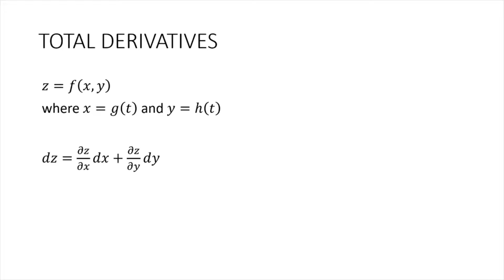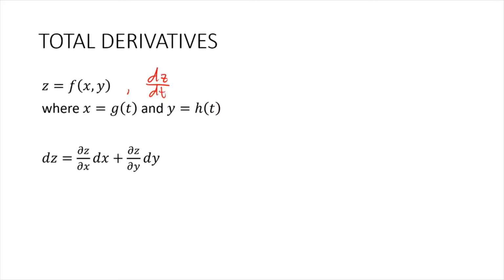And then remember that we have the total differential of z from the formula that we discussed earlier. To get the total derivative, in this case with respect to t, because the overall independent variable in this case is t, then we can have the total derivative of z with respect to t. That's dz dt.